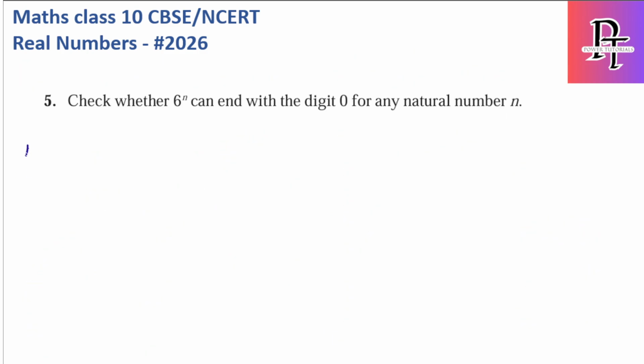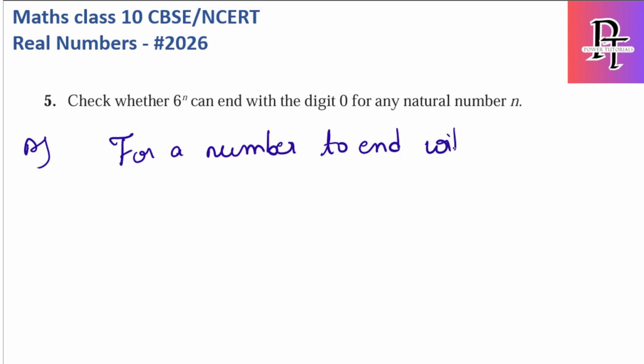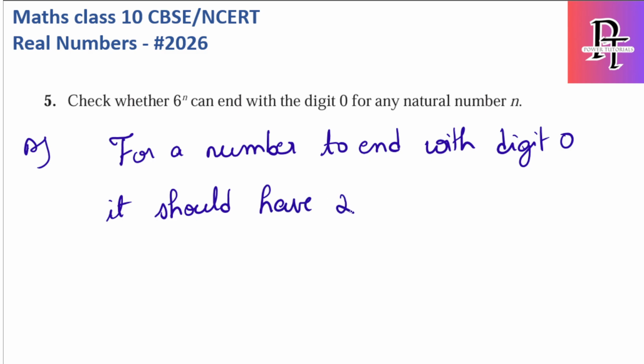Let's see the fifth one. Check whether 6 power n can end with the digit 0 for any natural number n. So the answer should be no. Why? Because for a number to end with the digit 0, it should have 2 and 5 as factors.